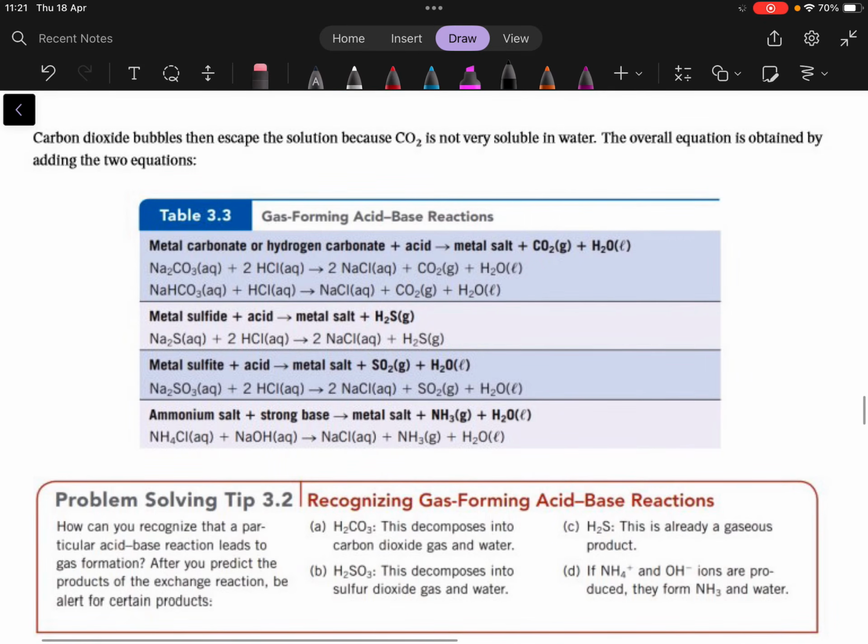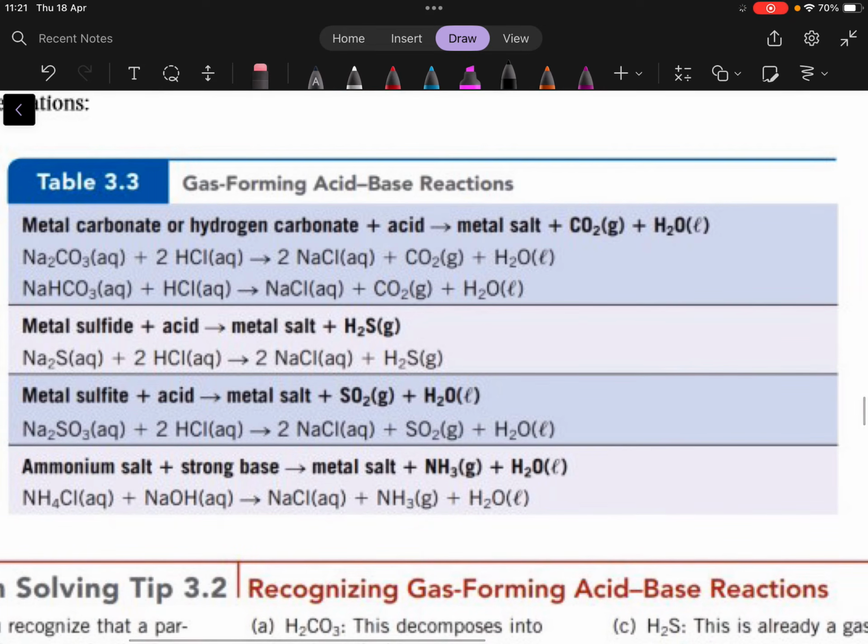And just so that you know, all the types of gas-forming reactions that you can have are given here in this little table. So metal carbonates reacting with acid give us eventually CO2. If you have a metal with sulfur, so metal sulfide, you will form H2S. So just follow the pattern.